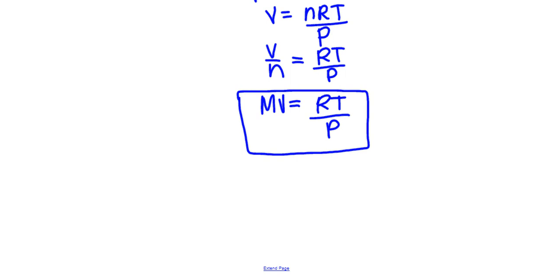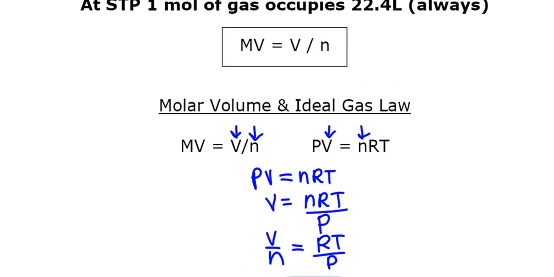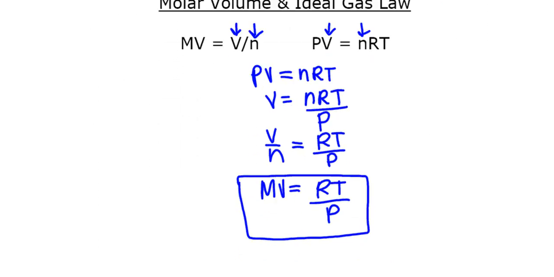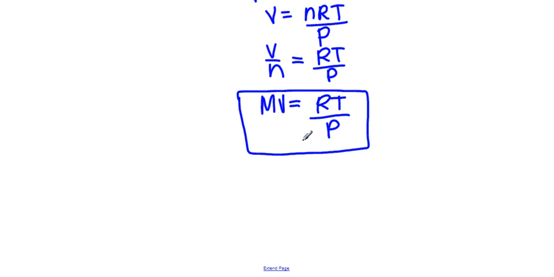Now up above here we showed at STP, 1 mole of gas occupies 22.4 liters. This relationship is always true. How did you come up with that number, you might wonder? Well, let's plug it into this manipulated formula that we just came up with and do that.